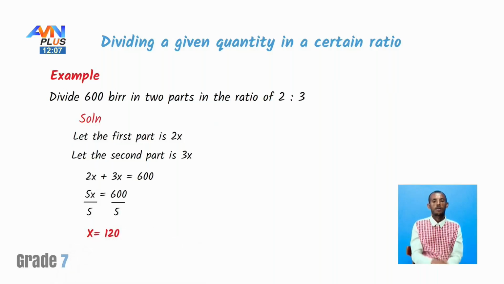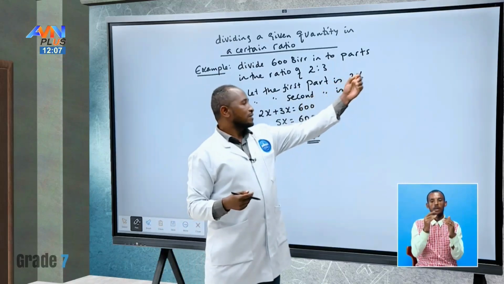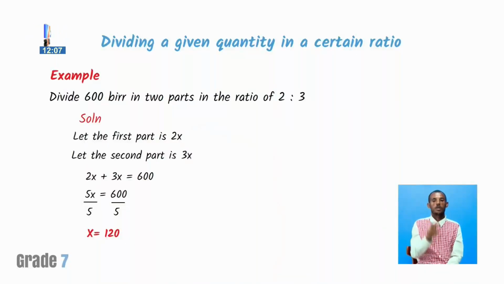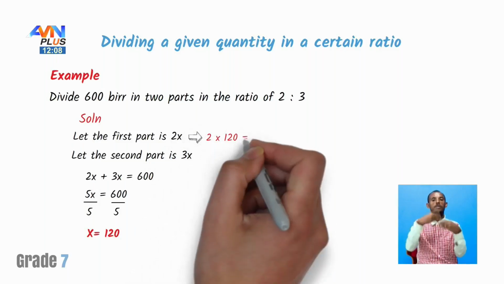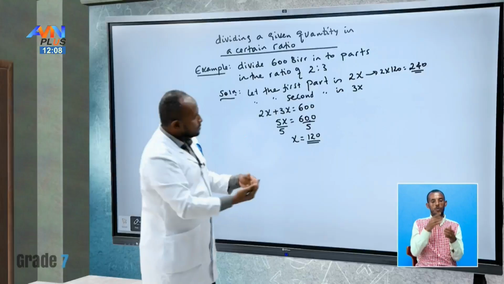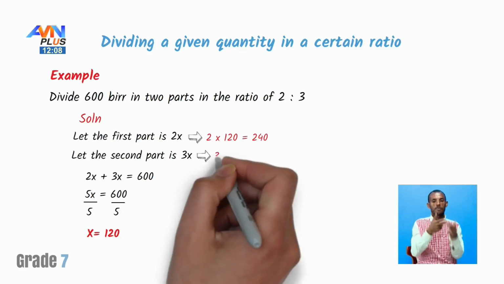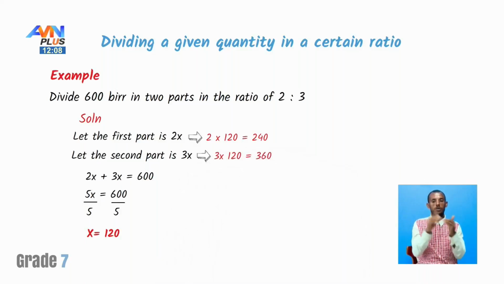So, the original quantity: 2 must be multiplied by 120. So, 2 times 120 gives you 240. So, one part is 240. The other part is multiplied by 3. 3 times 120 gives you 360.